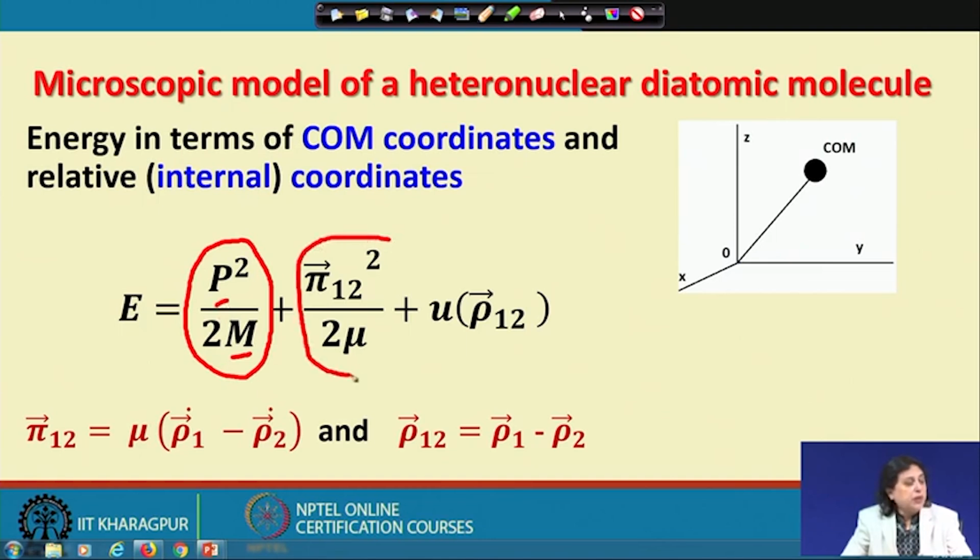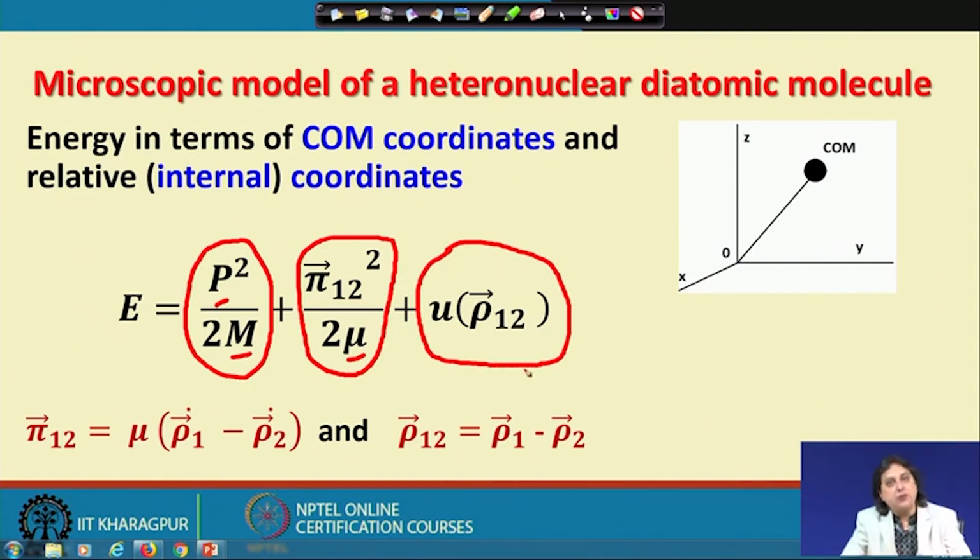This term corresponds to the kinetic energy of a body whose mass is mu and which is moving with a momentum of pi 12, and this one is an interaction term, potential energy term between the atom 1 and 2, which depends only on the vector separating the two atoms.